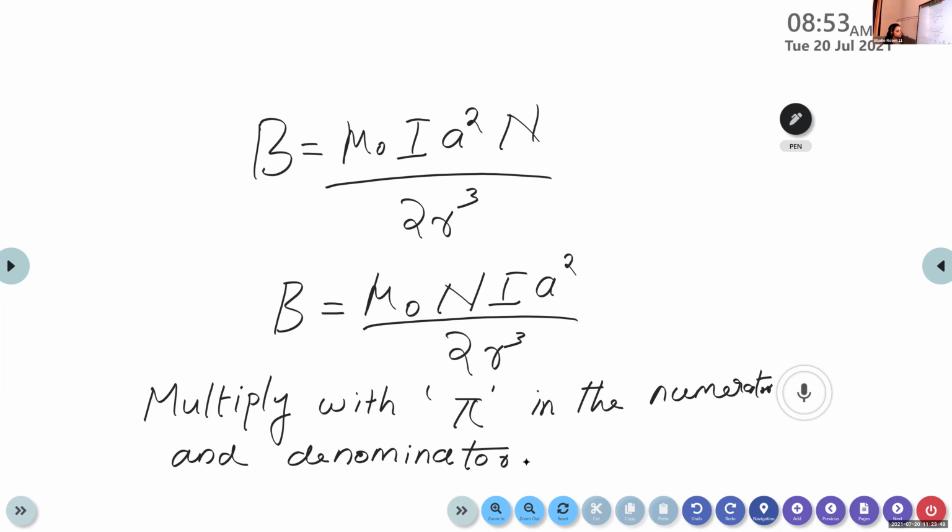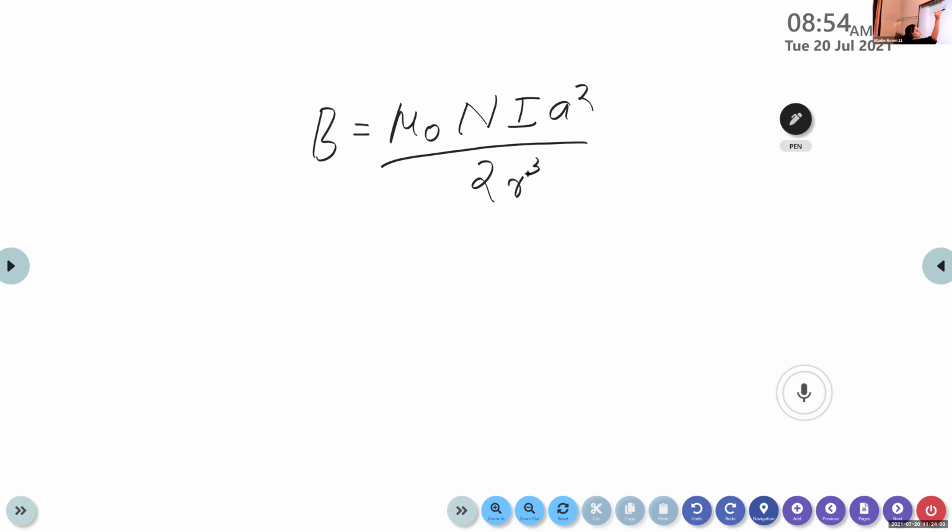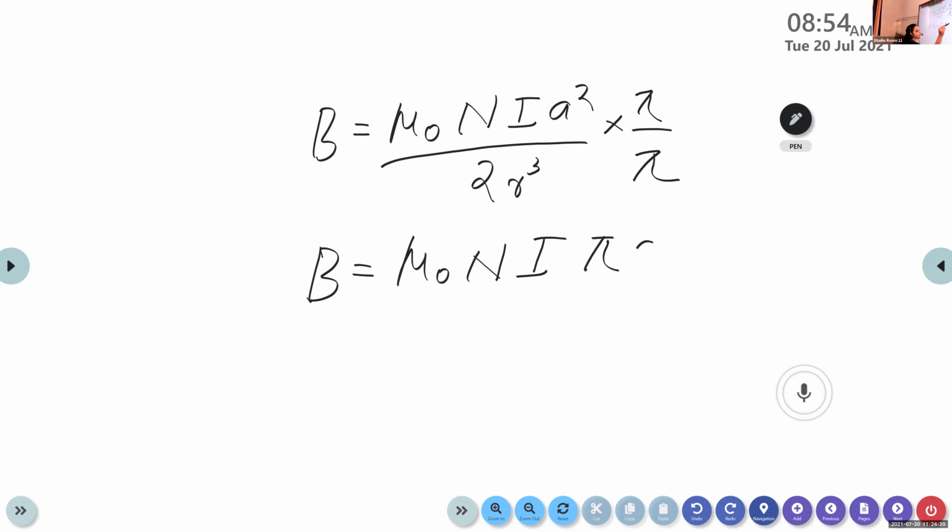So multiply with pi in the numerator and the denominator, it becomes B is equal to mu 0 n I a square divided by 2 r cube into pi divided by pi. Or we can write B is equal to mu 0 n I pi a square divided by 2 pi r cube.